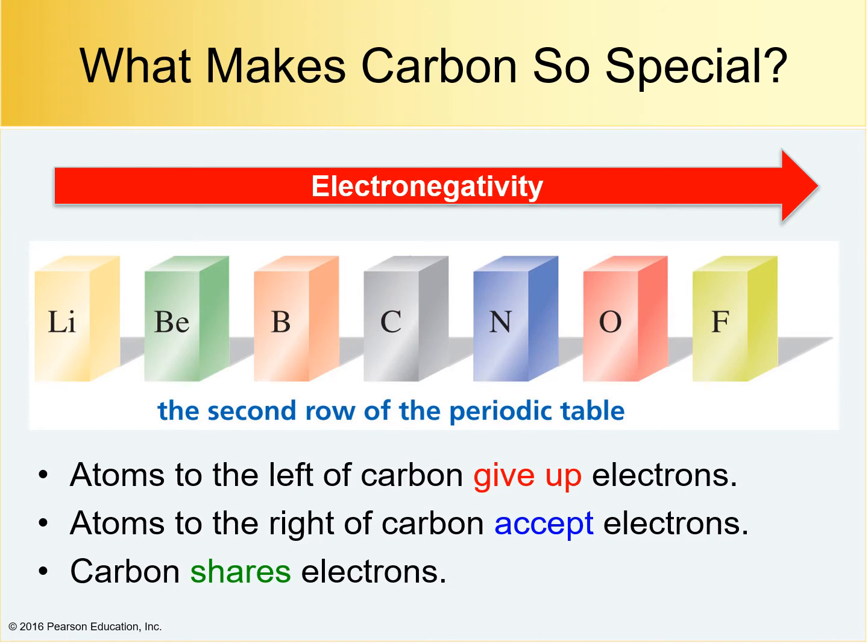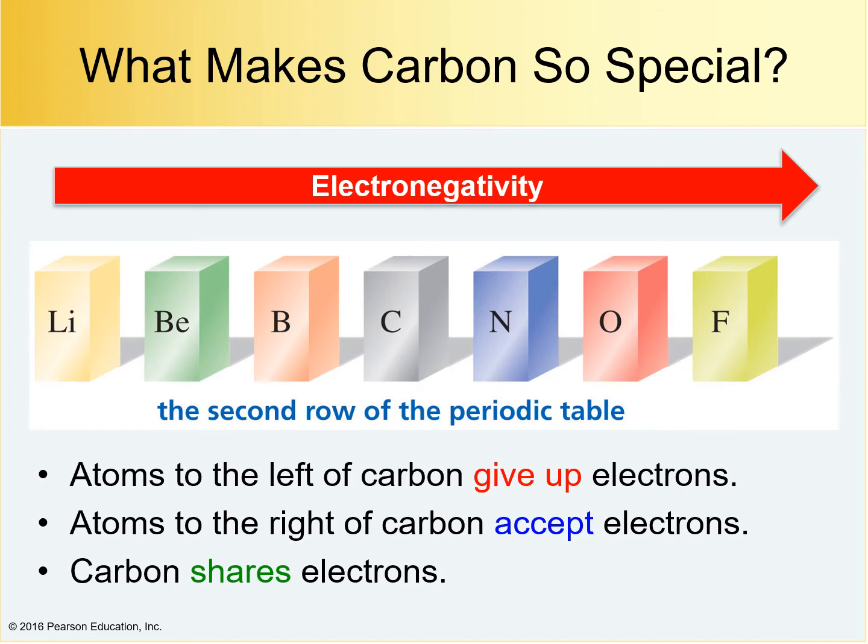Atoms to the right of carbon tend to be more electronegative than carbon, and they tend to accept electrons. Carbon, look at carbon, it's right here in the middle. It has an intermediate electronegativity. So because of that, carbon neither gives up nor accepts electrons, but rather it shares electrons with other elements.